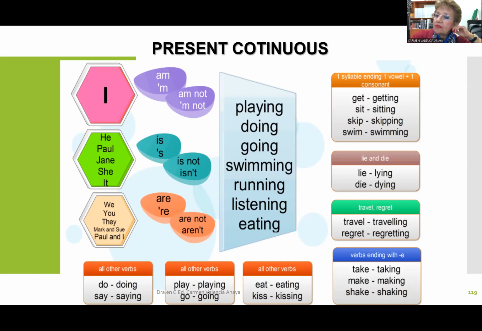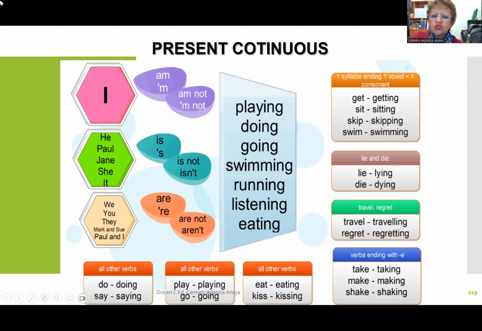When I'm talking about two or more people, we are, you are, they are, or we're, they're. For example, Mark and Sue, Paul and I are not or aren't, okay? And it's going to be followed by the simple form of the verb, for example, play, do, go, swim, run, listen, and eat.